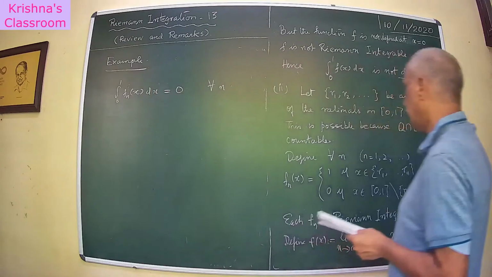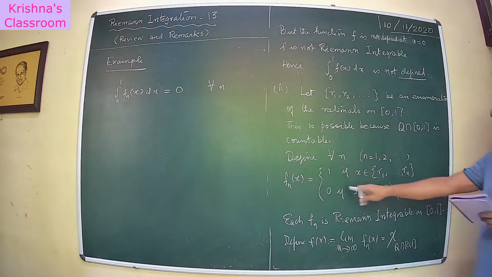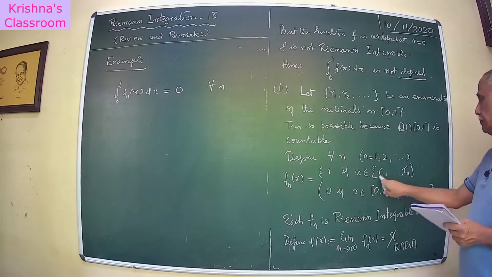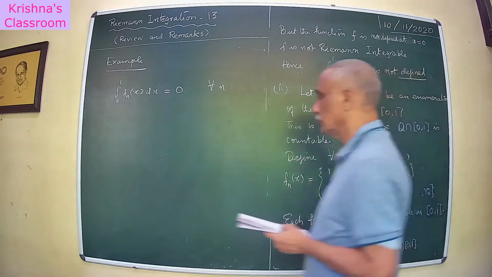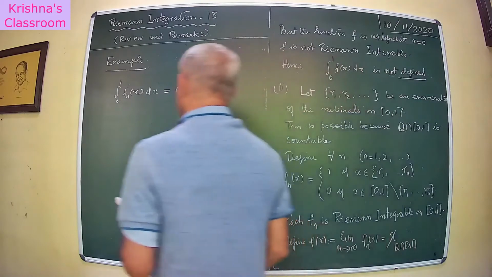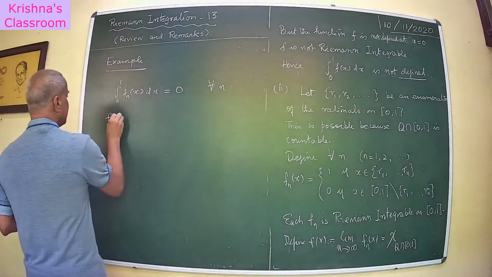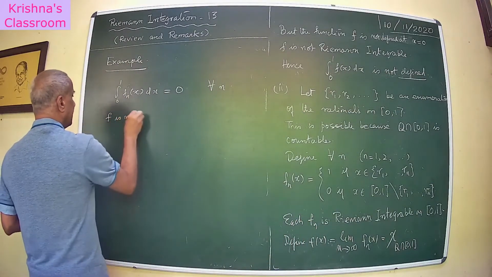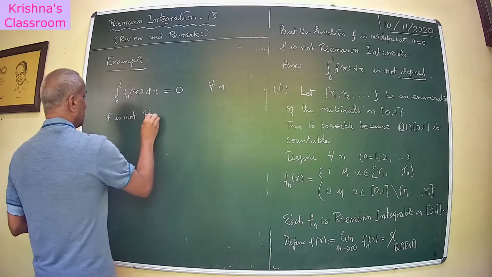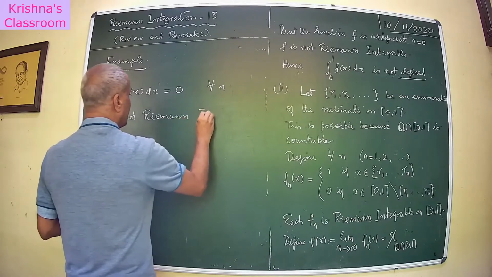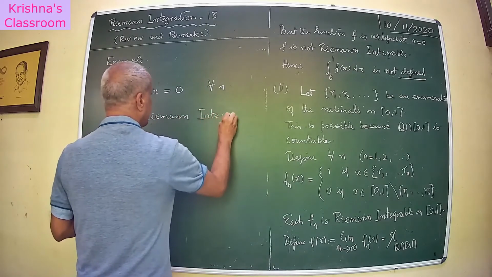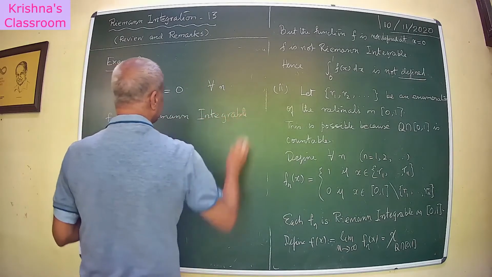Because you see that the function is 0 everywhere except at finitely many points. So it is 0. But what about the limit function? Again, f is not Riemann integrable. This we have already seen.